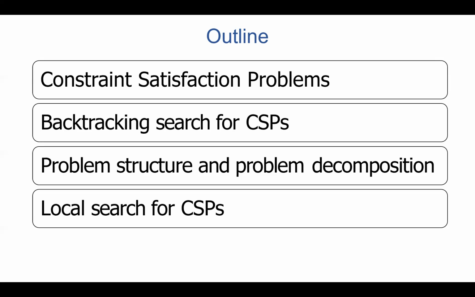Okay, so we're going to discuss constraint satisfaction problems as a general purpose algorithm, how we generate a problem structure, identify the problem structure, and then how we decompose the problem, which is different from uninformed and informed search algorithms.